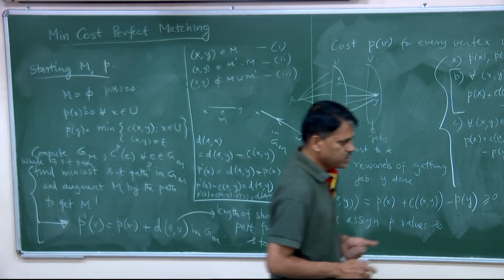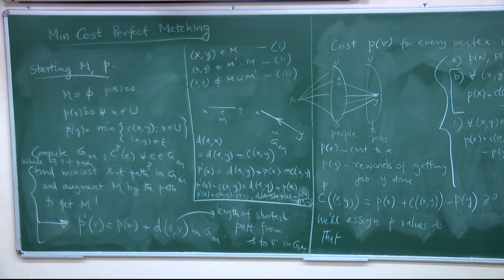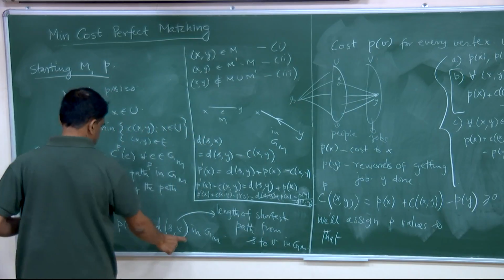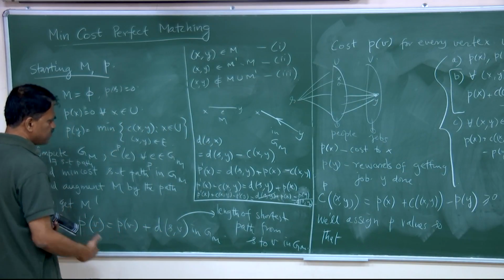Now, let's do it slowly. I want to prove these three conditions, or in particular these two conditions. Anything in the new matching, I want to argue that it is exactly this. And for every other edge, it has this greater than or equal to 0. The way I just update my p value by the length of the shortest path and its original p value.